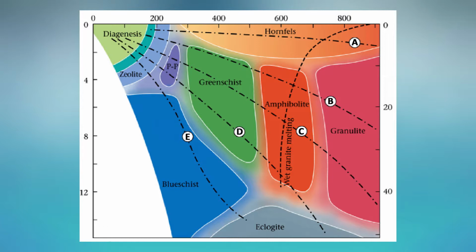A typical geotherm ABCDE is meant to pass through the triple point of Al2SiO5. Exact position is not important. In this diagram, a series of adiabats A, B, C, etc. are constructed on the assumption that the adiabatic decrease in temperature with decreasing pressure is 10 degrees centigrade per kilometer.